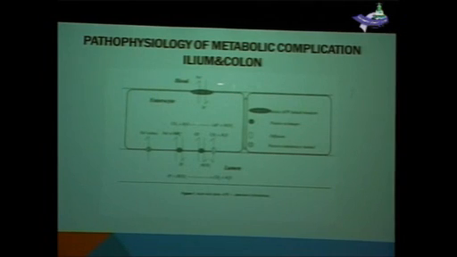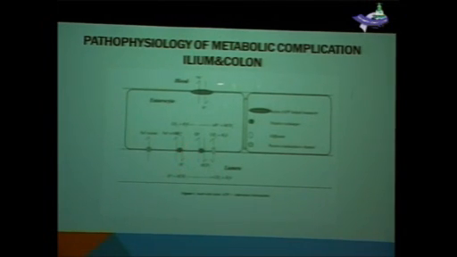If we use ileum and colon, the most frequent complication is hyperchloremic metabolic acidosis. And in the investigations, they have found that the most frequent cofactor in producing this metabolic acidosis is the ammonia. Ammonium chloride from the urine will make the metabolic acidosis, as you see here.